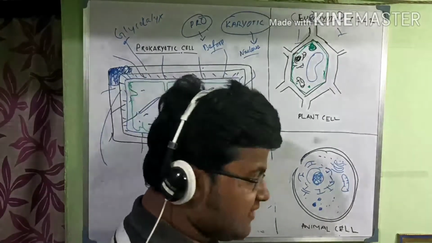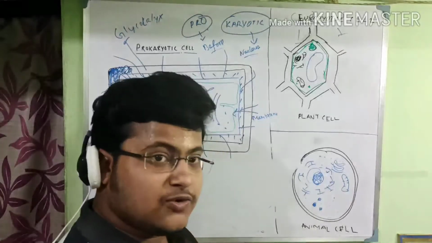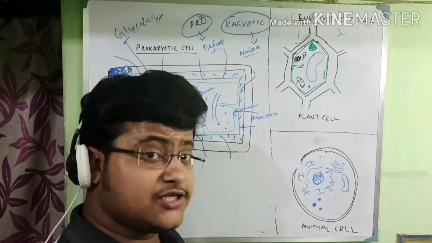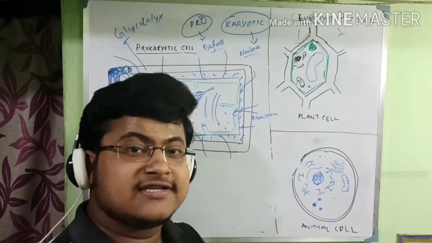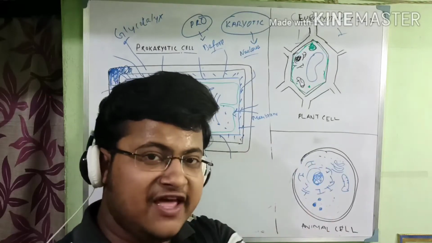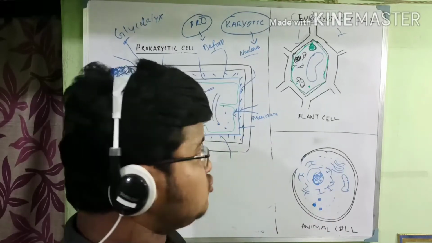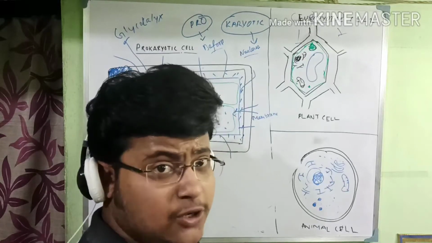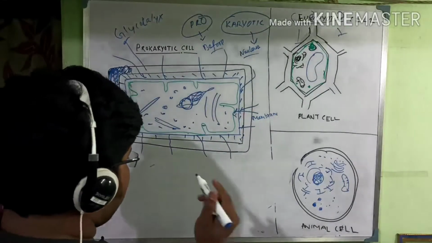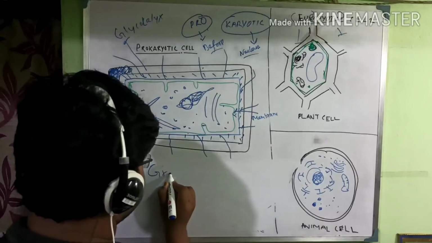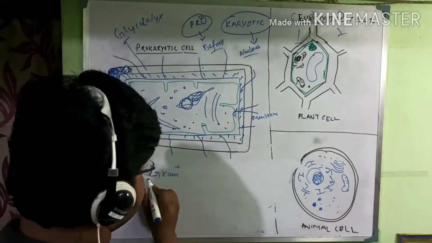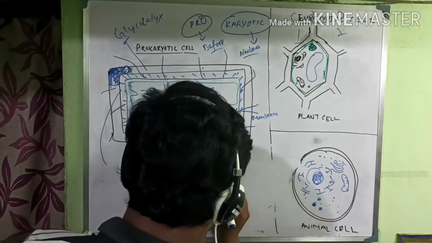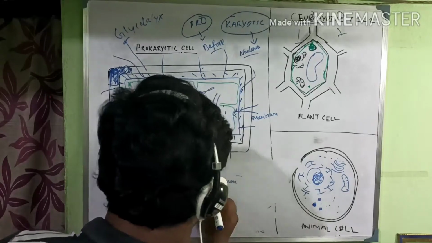But bacterial cells also have distinct cell wall structures known as gram positive and gram negative cell walls. So what are gram positive and gram negative cell walls?